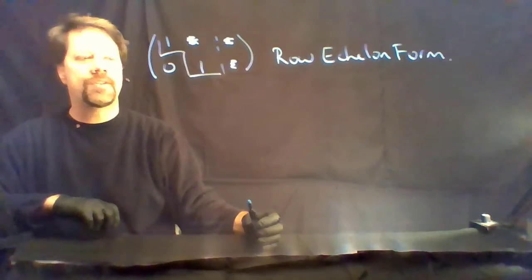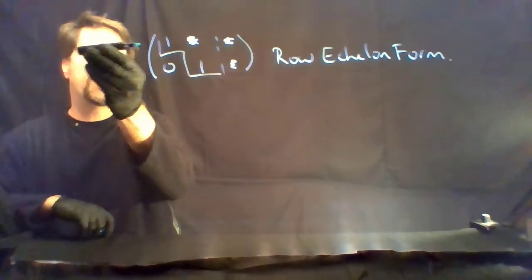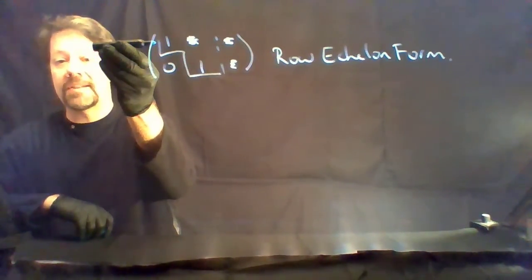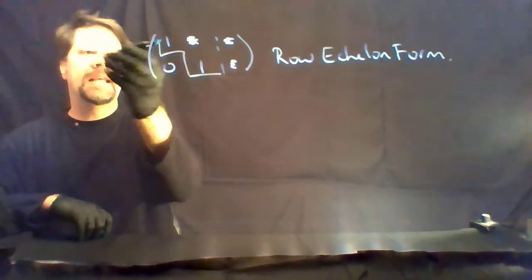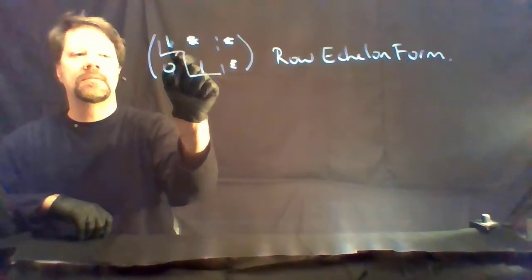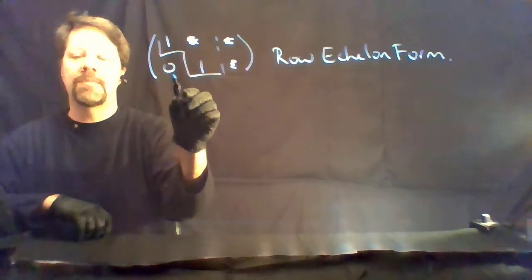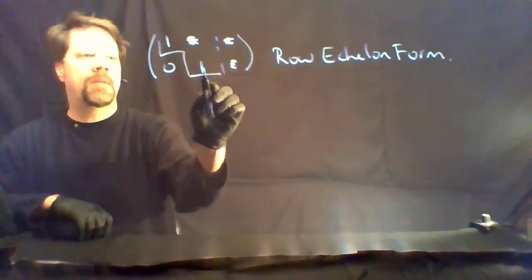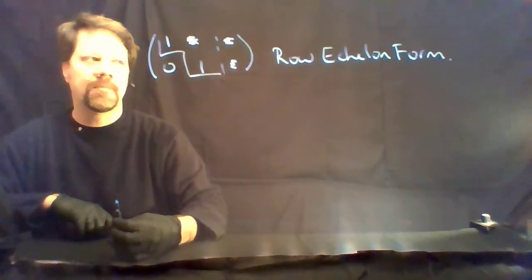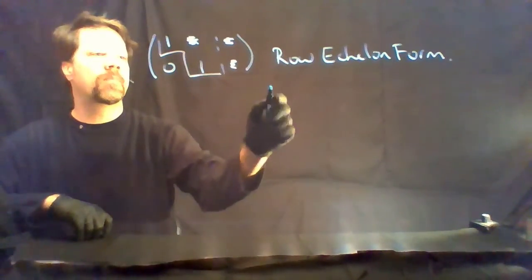When a system is in row echelon form, each row that does not consist entirely of zeros begins with what is called a leading one. Below leading ones, you must have zeros. Above leading ones, you can have anything in row echelon form.